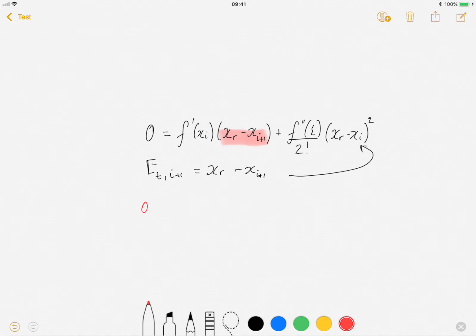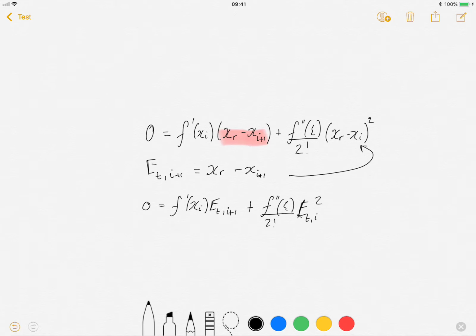That is, 0 equals f prime of x_i multiplied by our true error at i+1, plus the second derivative of f at some average value multiplied by our true error at i squared.